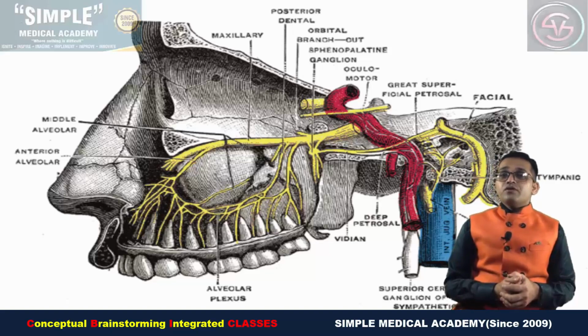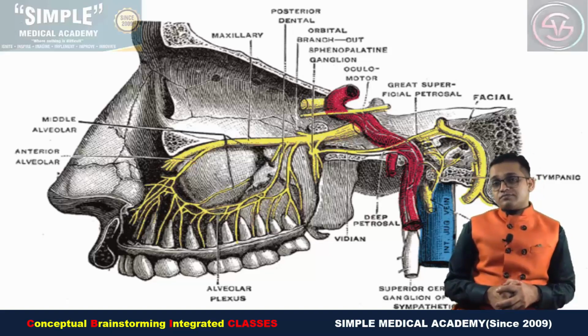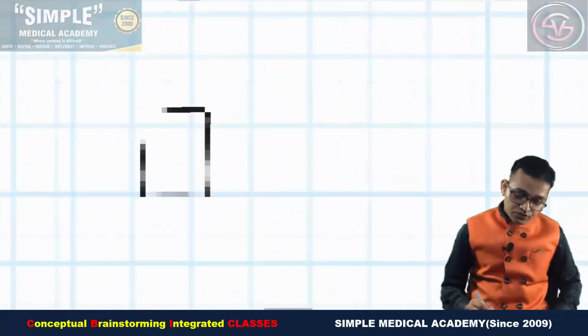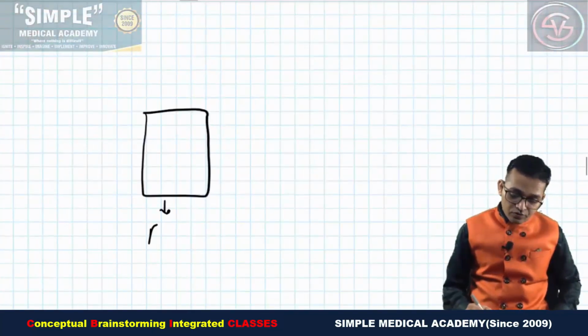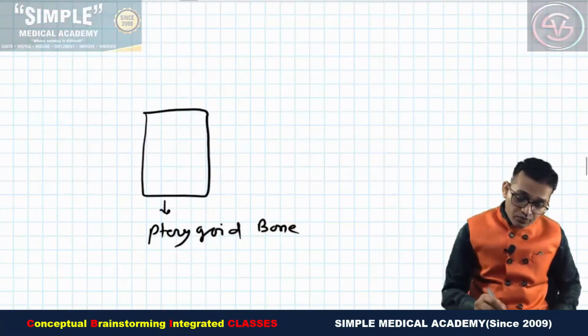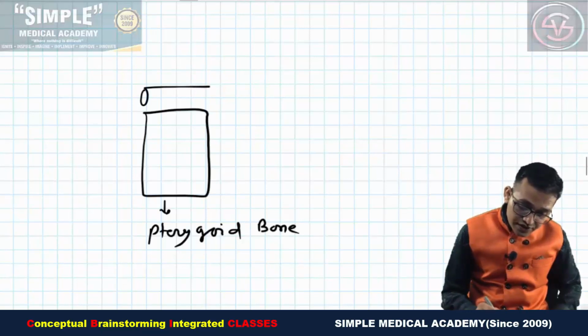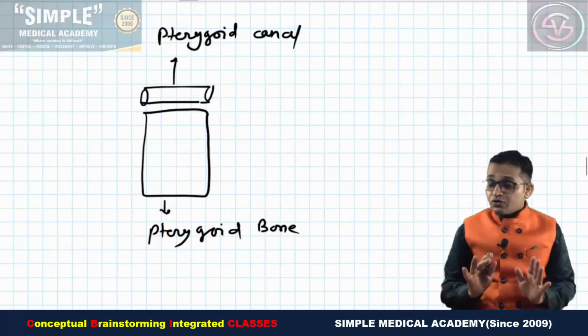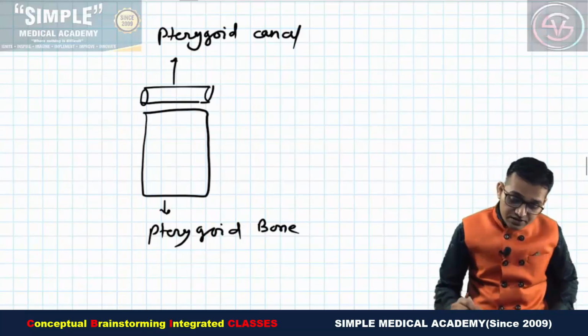Okay, so what are the structures passing through this foramen lacerum? We are going to draw. Suppose this is the pterygoid bone. Just above this pterygoid bone there is a bony canal, which is known as the pterygoid canal. And just posterior to it is the location of the foramen lacerum.